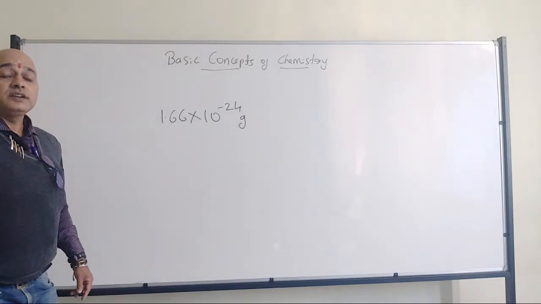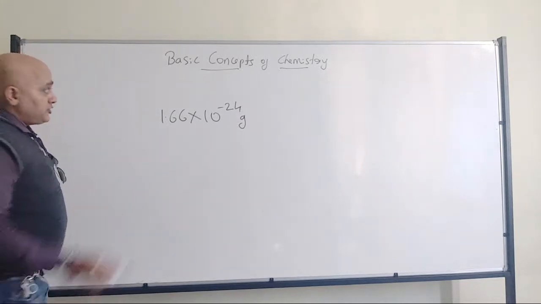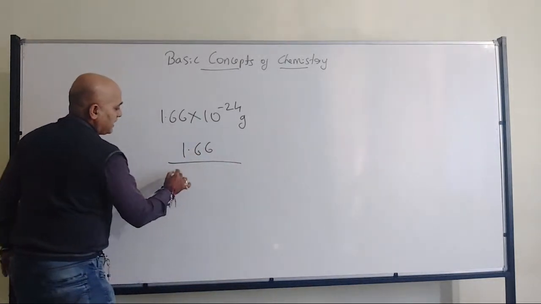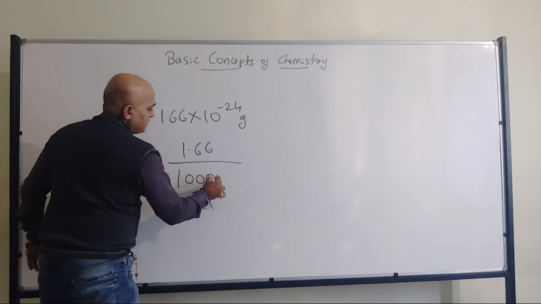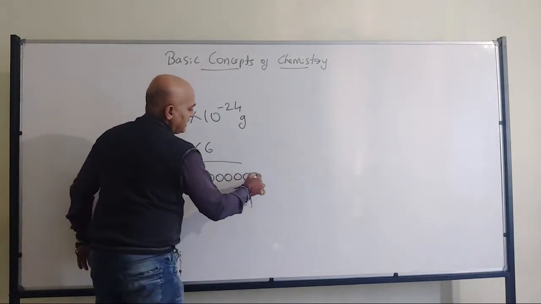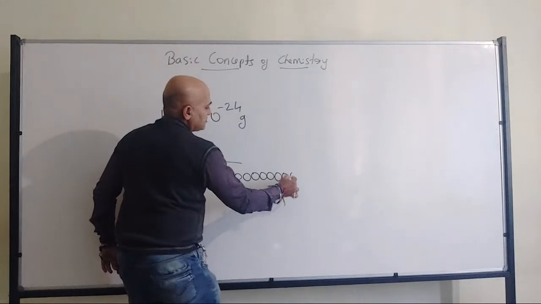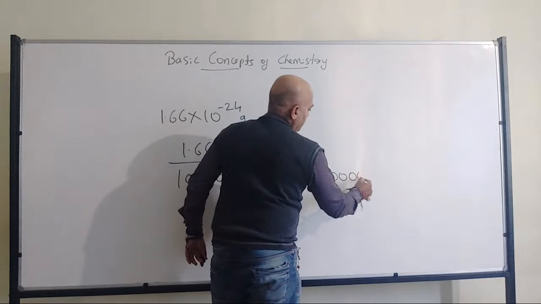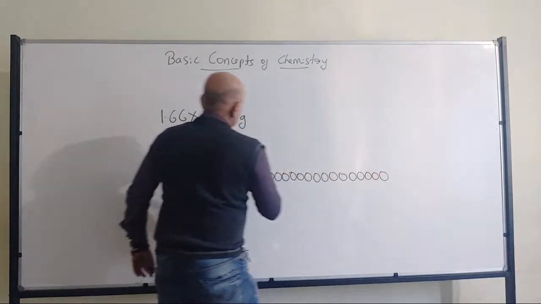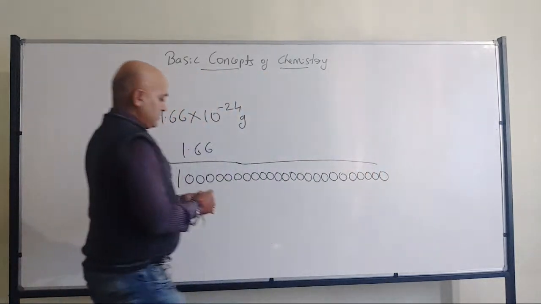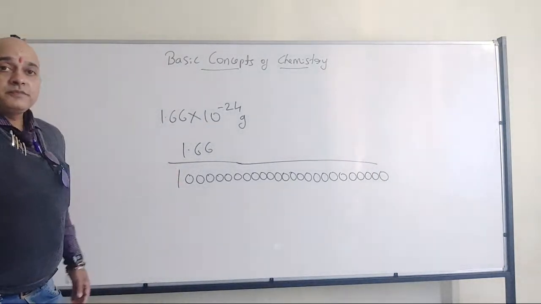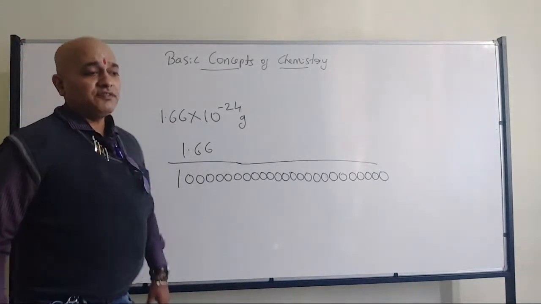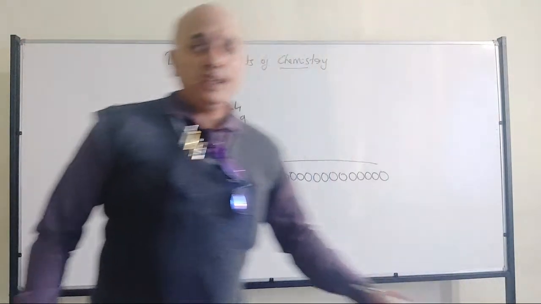If I go with non-scientific notation, oh my god, it will be 1.66 divided by 1 followed by 24 zeros. Can you imagine? You are going to write like this, right? So that's where scientific notation is a simple way to write it.